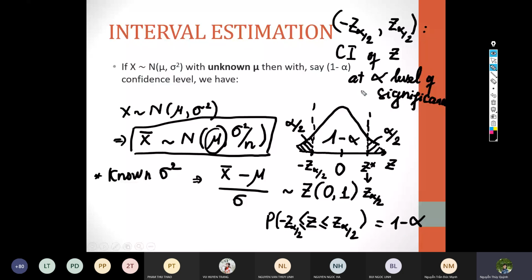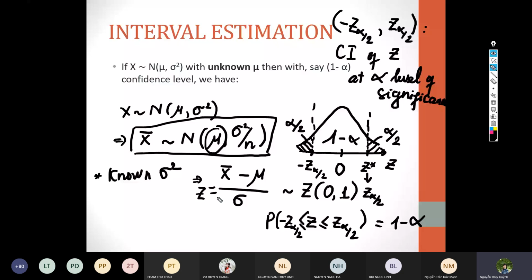Similarly, we will construct the confidence interval for mu. Because the distribution of x bar and the distribution of z are equivalent, and the observed z equals x bar minus mu divided by sigma, we can replace this into the probability here.